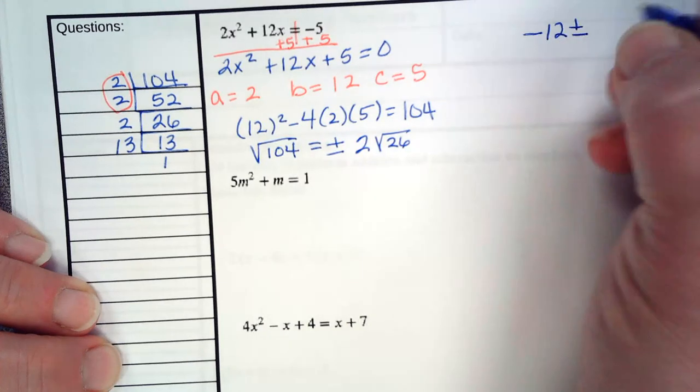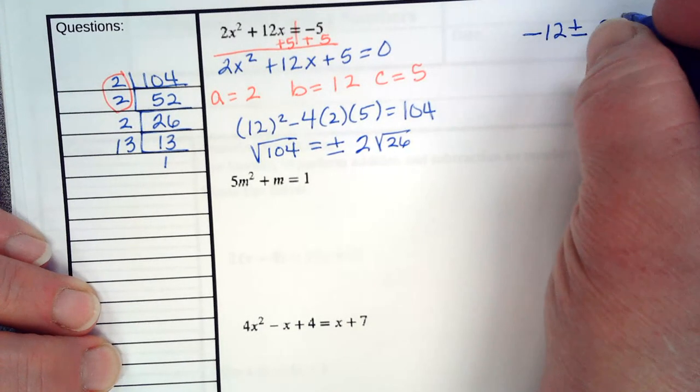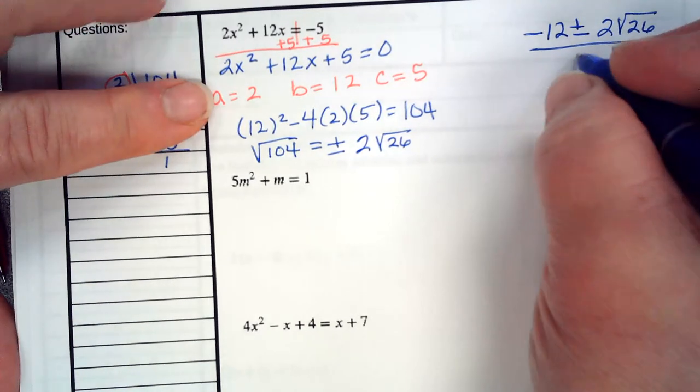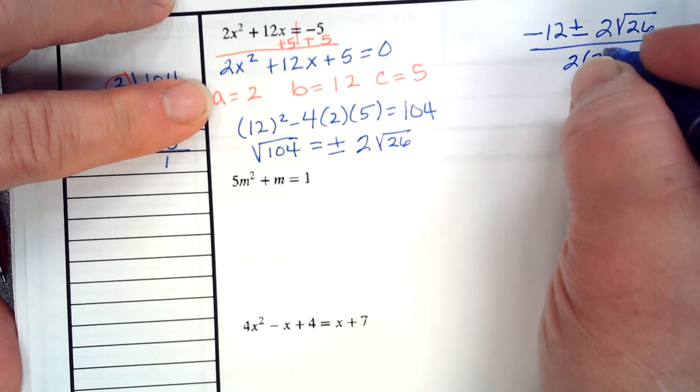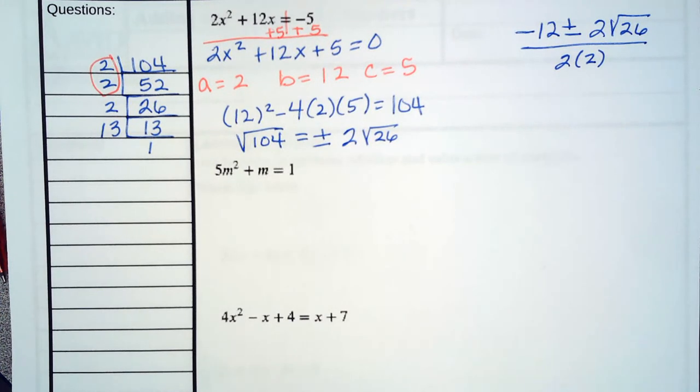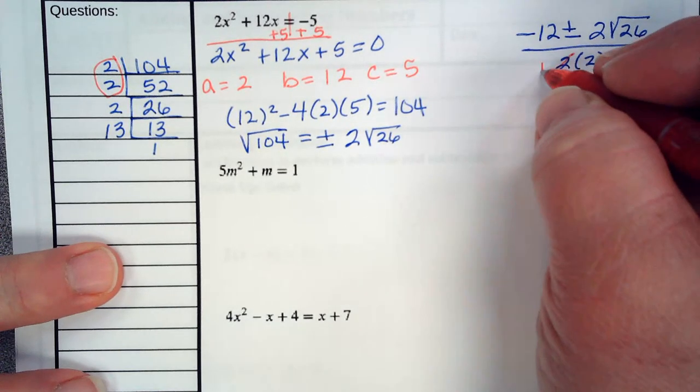Plus or minus 2 square root of 26 all over 2 times 2. Do I have a common factor? Yeah, I can divide 2 out. 2 divided by 2 is 1.